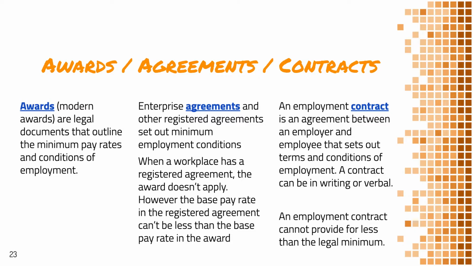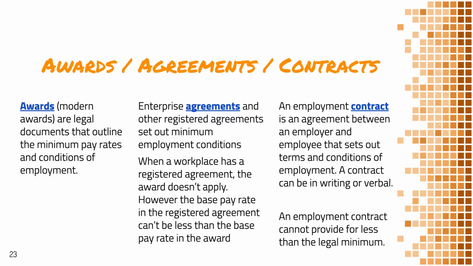Not all companies, not all jobs have agreements, only some do. But this is where your company and the employees have come together and agreed on some differences to the award. For example, getting better benefits. Paying employees more than you need to. Giving them more leave than you need to. Giving them better working conditions than you need to.